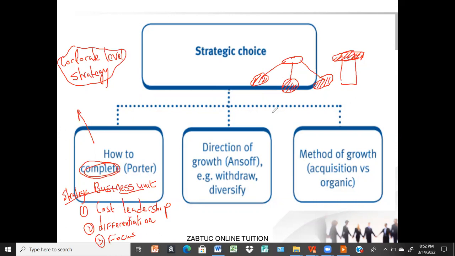We're looking at the role of the head office. There, the decision is what markets are you going to deal in? What products are you going to deal in?